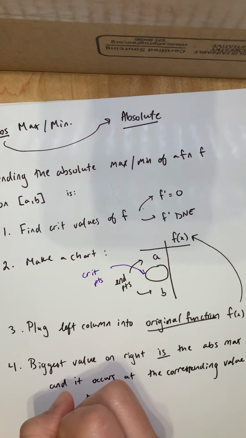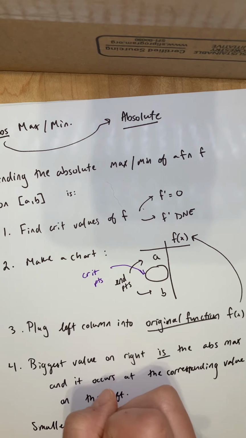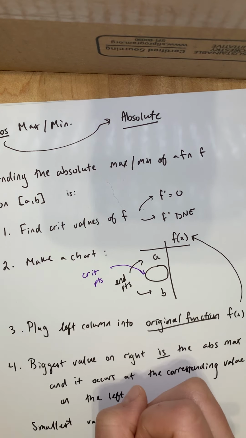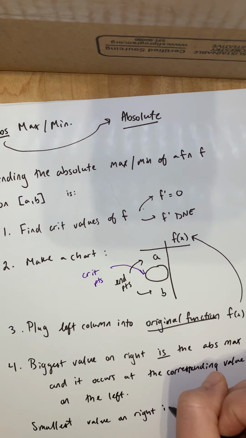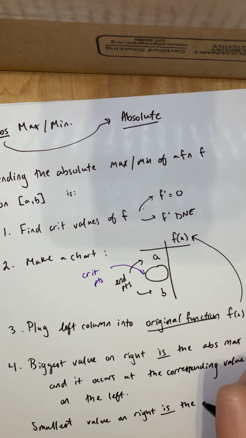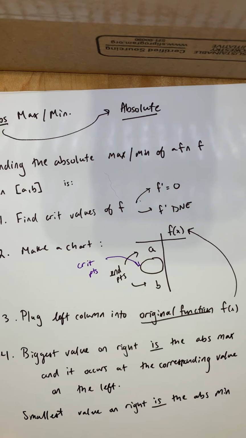Likewise, the smallest value on the right is the absolute min, and you can guess that it occurs at the corresponding value on the left.